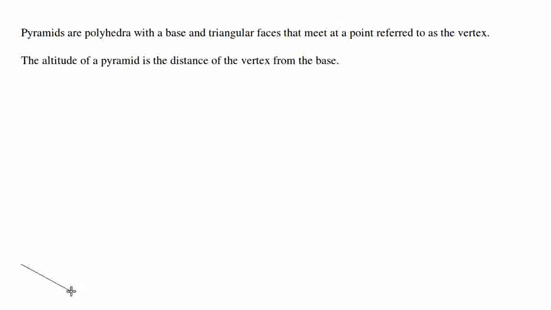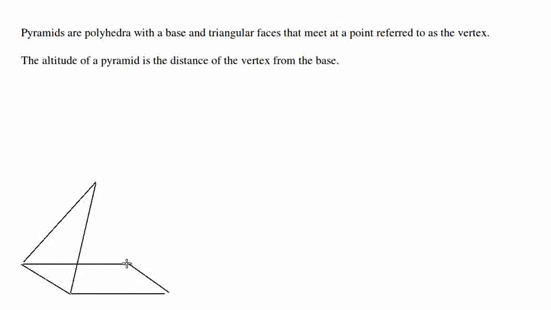I can have a pyramid with a square base. It would look something like this. All right, so you see how there's 4 triangular faces that meet at a point above the base.